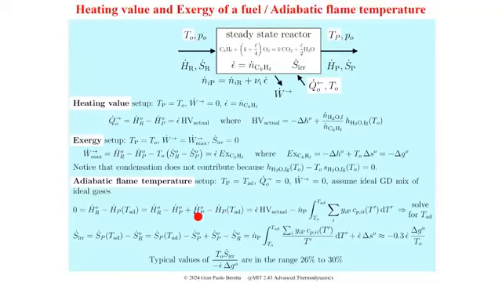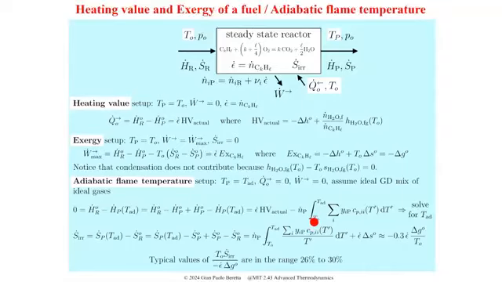And this is just the sensible heat, that is, the heat that is required to heat up the products from standard to adiabatic flame temperature. And you can compute that by simply using the properties of an ideal gas.